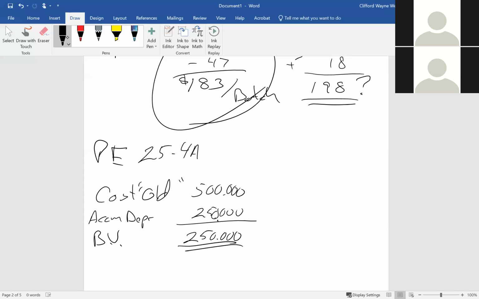So you go into the CEO's office, and hey, Mr. CEO, I want to buy this new computer system.